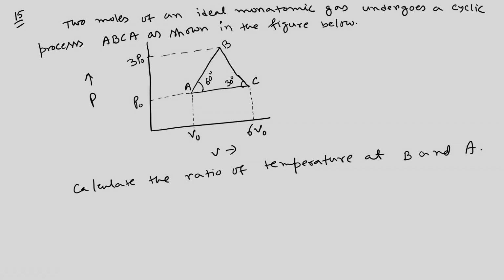So, here you can see that at points A and C, both pressure and volume are given, whereas at point B only pressure is given, volume is not given. So, we need to calculate first what is the volume at point B. Okay. So, how do we do that?